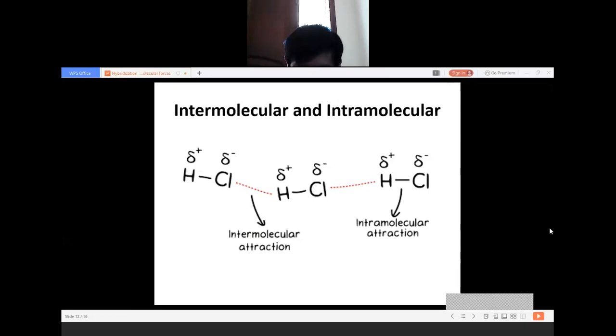How many of you have ever seen the text written London dispersion forces? How many of you ever read from different sources of textbook regarding intermolecular forces?